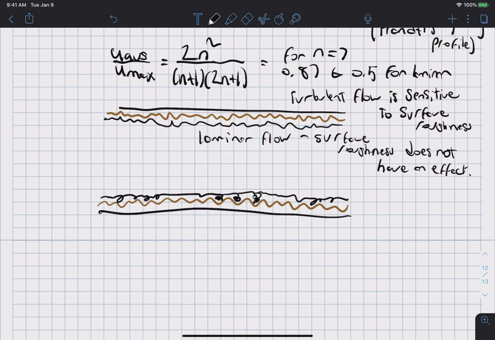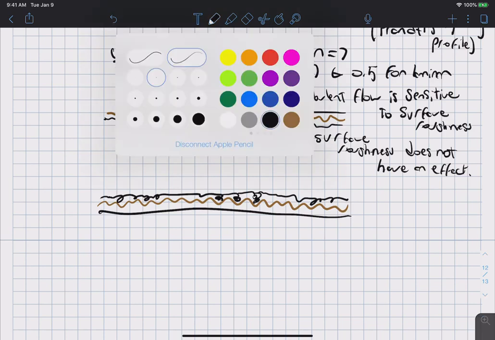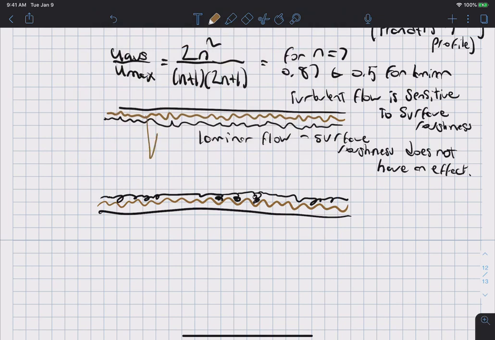You can treat the surface roughness of the tube as being smooth. Now again, if the surface roughness becomes cartoonishly huge, like a little spike sticking out, that's no longer surface roughness. That's an actual feature in the pipe, and of course that's going to influence the flow. We're talking very small little bumps on the surface.